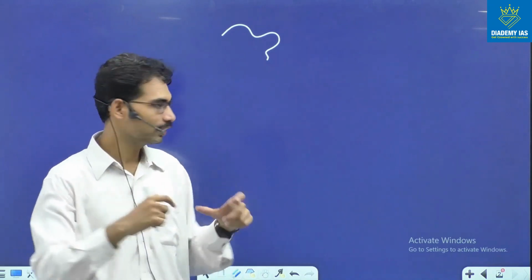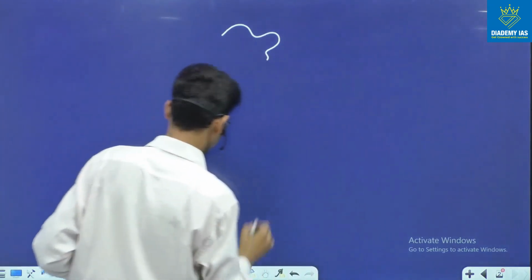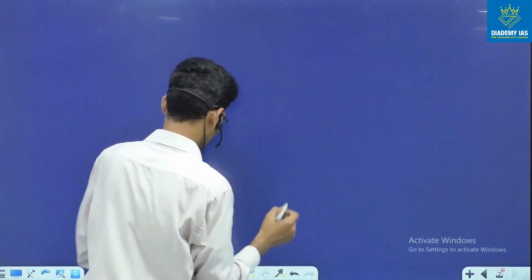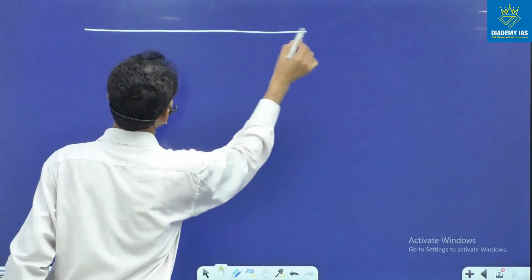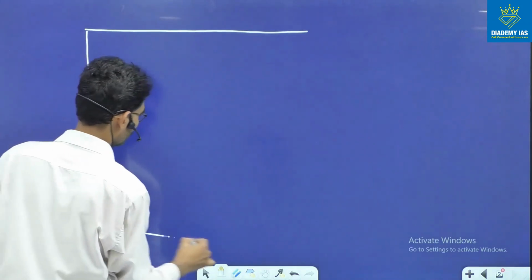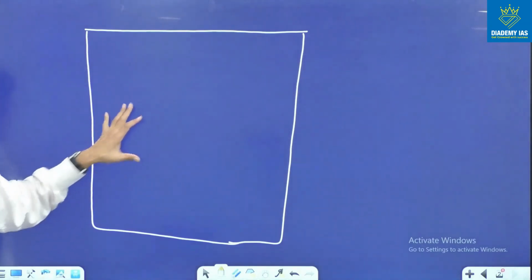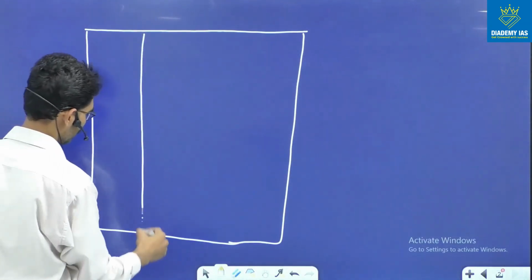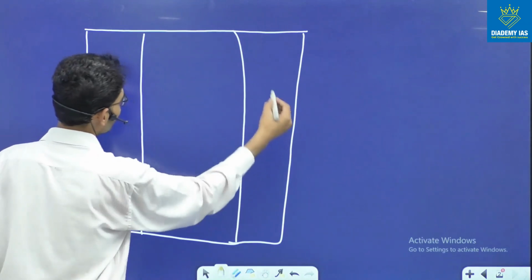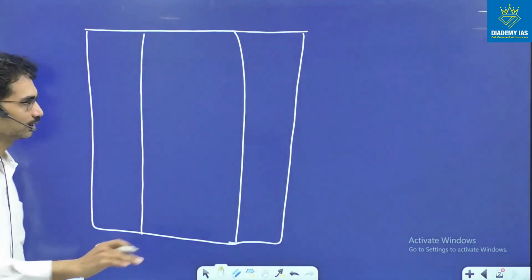Generally, this is the UPSC paper. It prints on the left side and right side margins.